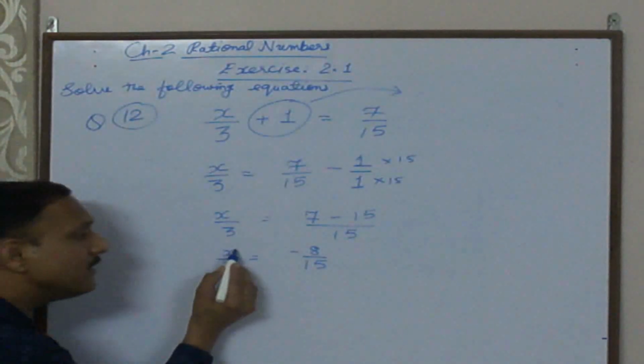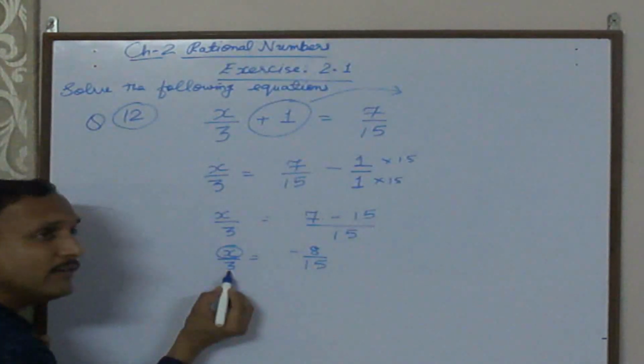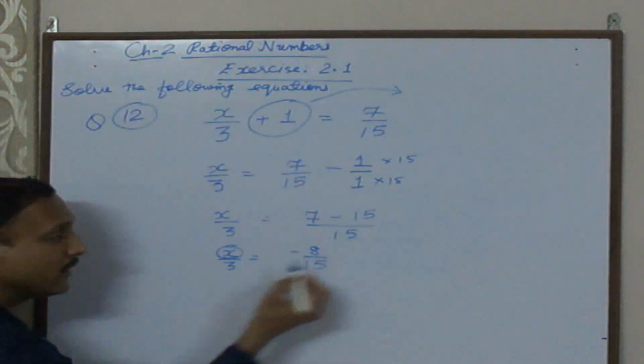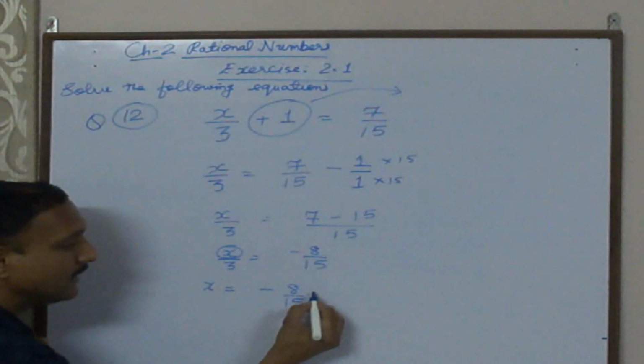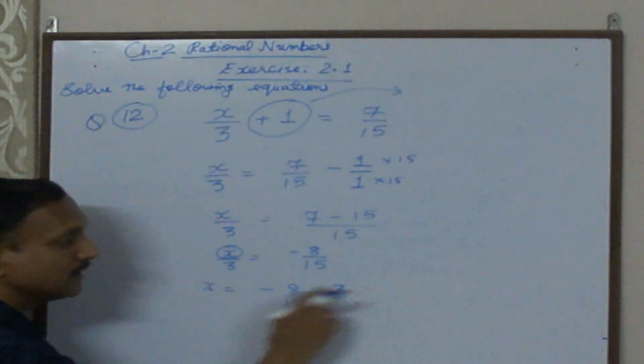Now we need to find the value of x. So what is in division with x? 3. So it will go to multiplication. x equals minus 8 by 15 into 3. This is in division, so it will go to multiplication.